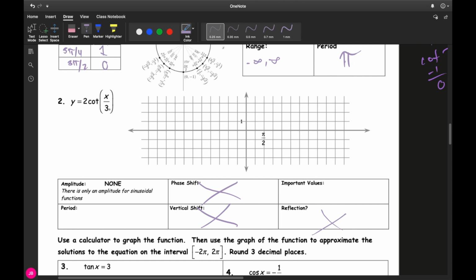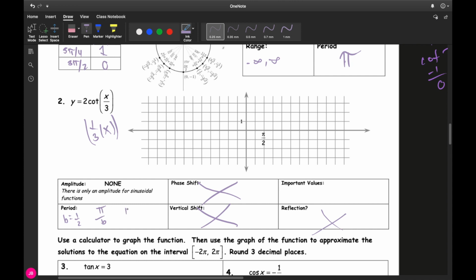So we can go ahead and say, okay, my period is going to be, this is technically 1/3 times x. So my b is going to be equal to 1/3. And my formula for period is, remember, pi over b, not 2 pi because we're working with tangent and cotangent.